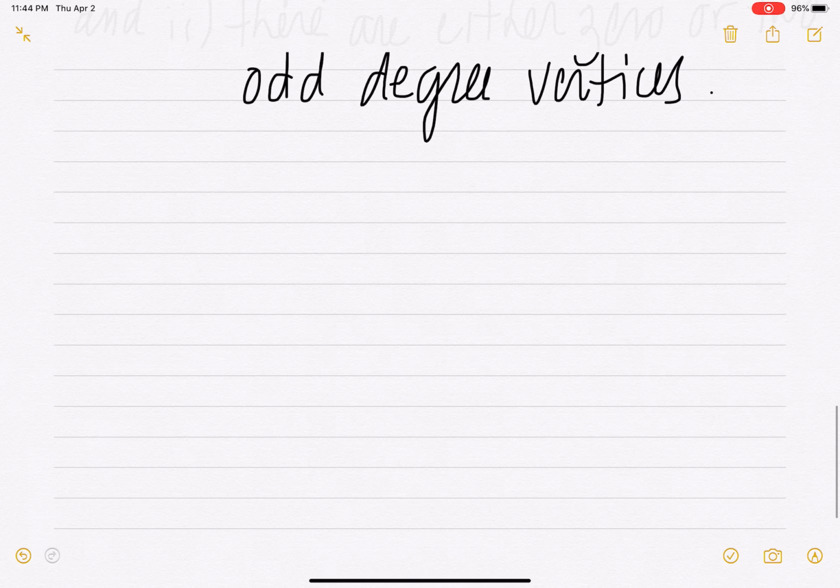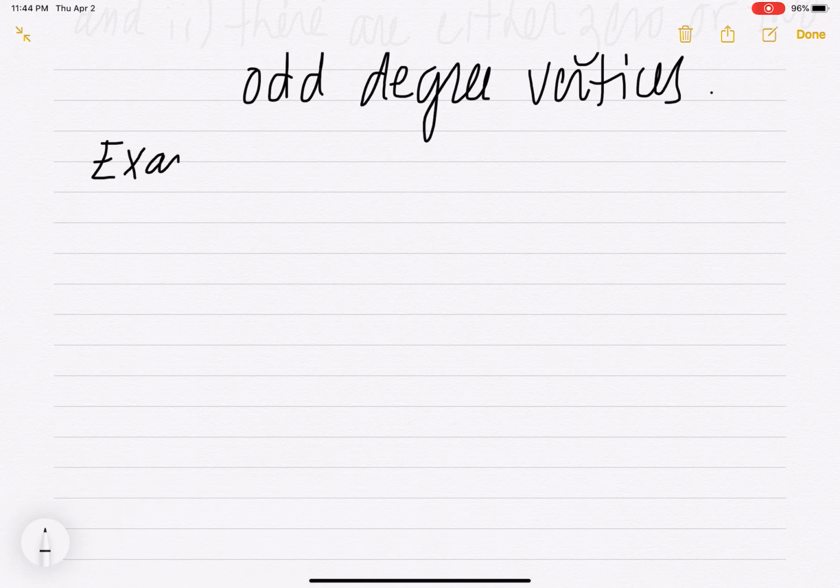Let's do an exercise. Let's see if we can figure out whether or not a graph is traceable. If it is, say why it is, and then find the path. And if it's not, then say why it's not. Okay, here's an example. So we're going to have a graph.